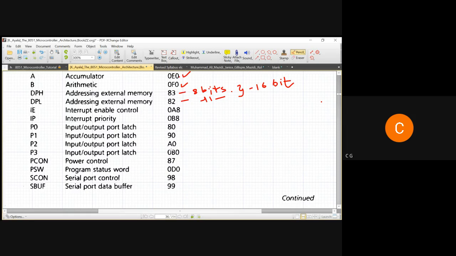Some people may ask why it is not 0A0, 090, but this is the way the instruction set is configured, and we have to write the instructions accordingly, so it will understand what the meaning is. When you write 0B0, it says whether the input output port latch is enabled or disabled, right?